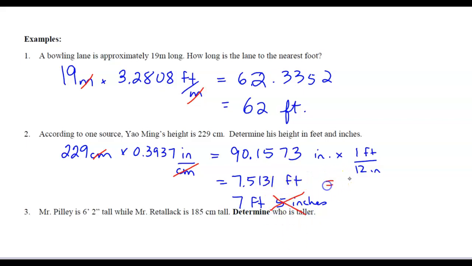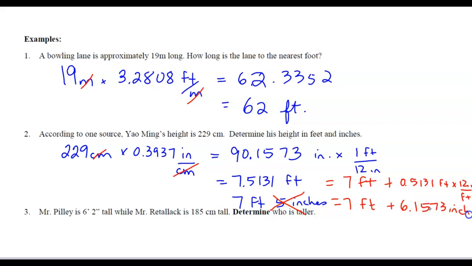So this is going to be 7 feet. And so we take the 0.5131 feet times 12 inches in a foot, right? So multiply that part. So in your calculator, it's easy because you can just subtract 7 and then times that answer by 12, which is 6.1573 inches.